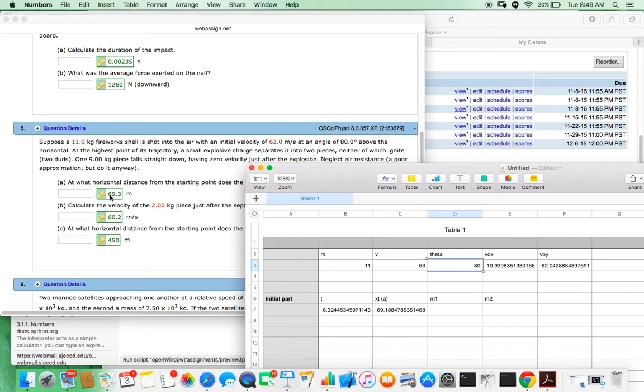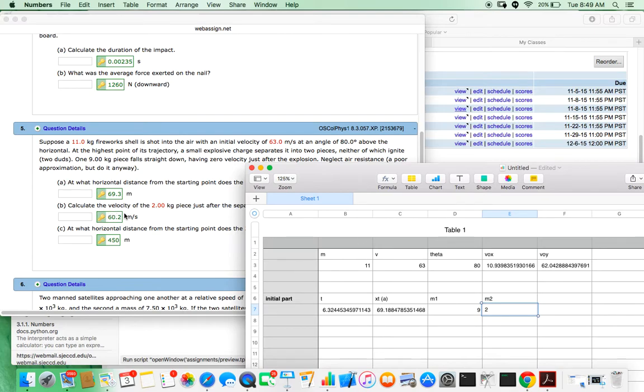You don't need to repeat anything. But now the 9 kilograms fragment goes straight down. So this is 9. So the mass of the second fragment is 2 kilograms. So that's the one that goes along the horizontal direction.